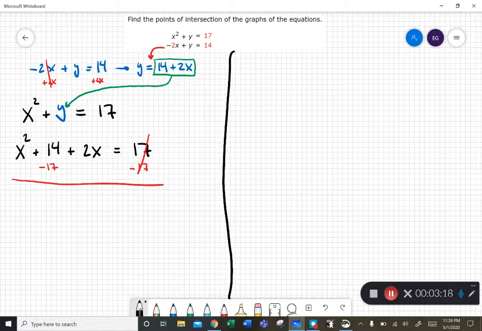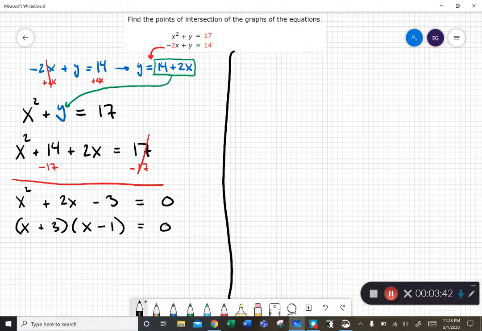We'll have x squared plus 2x minus 3 equals 0. And yes, it looks like this does factor to x plus 3 and x minus 1.